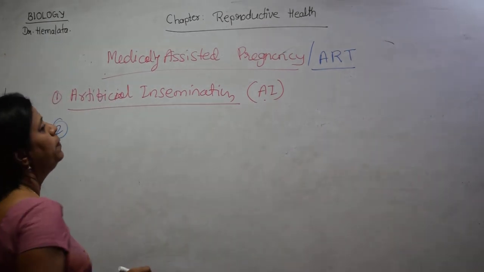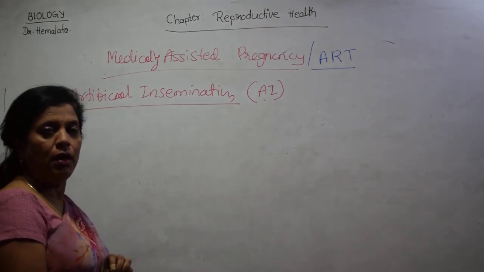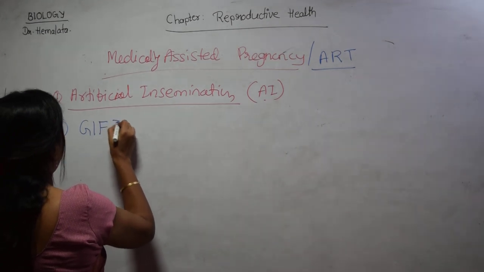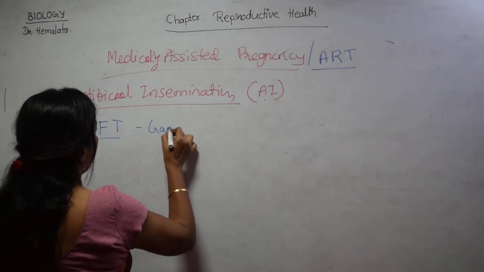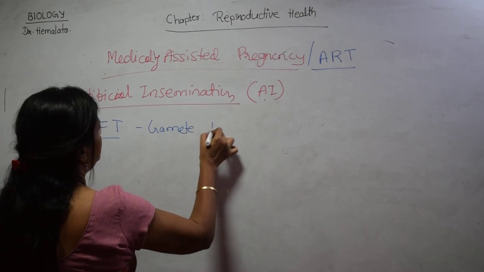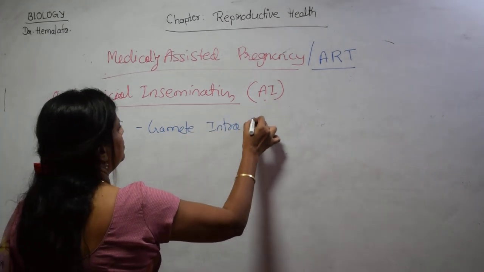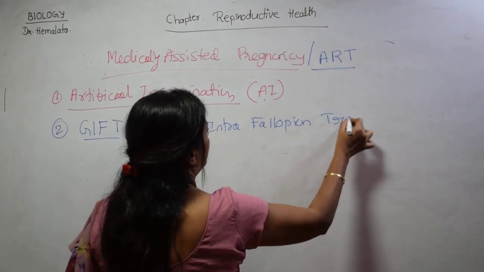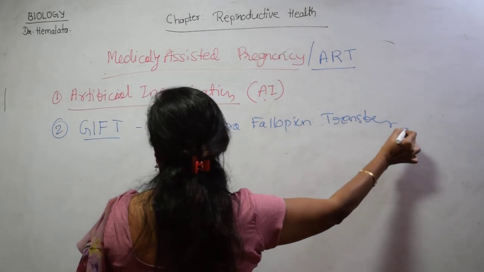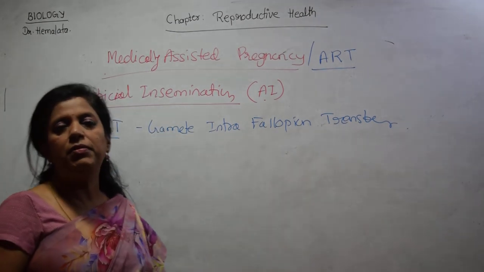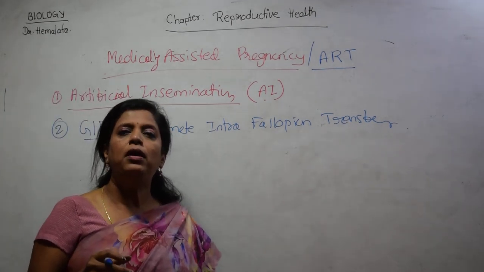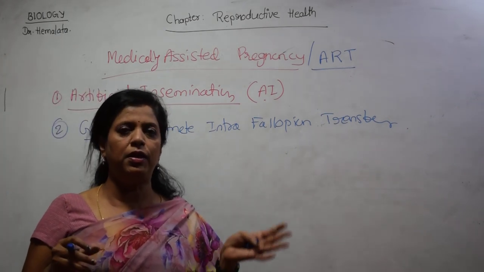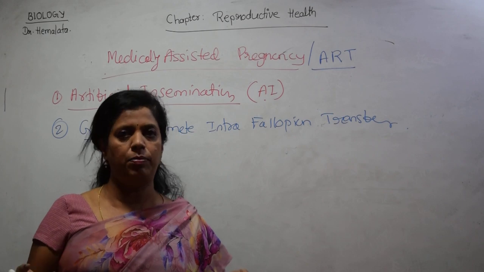Second one, the other method, we call it GIFT. It is called gamete intrafallopian transfer. That is, the gametes, meaning the semen is collected, and in females the ovulation is improved by injecting FSH hormone so that more eggs are produced.